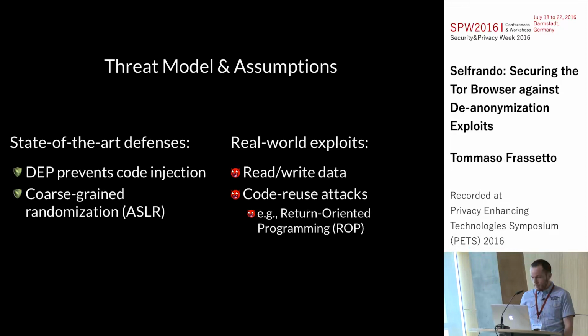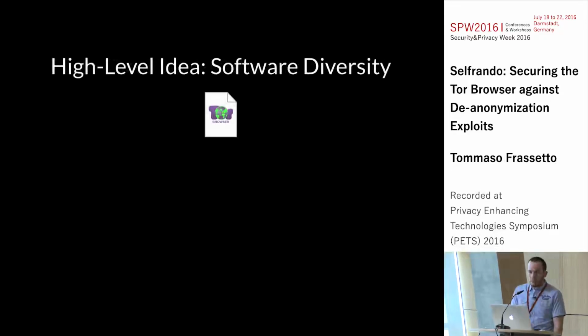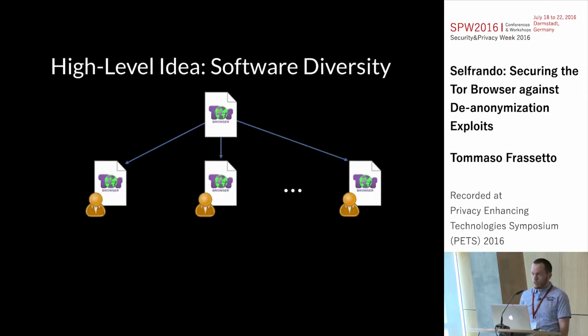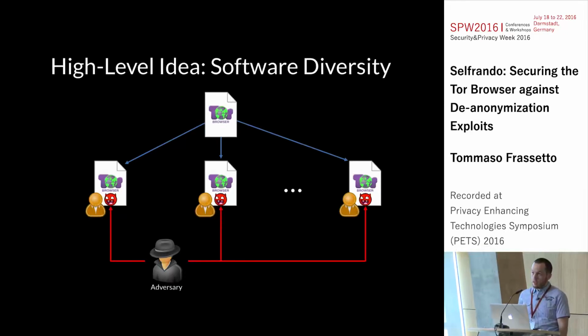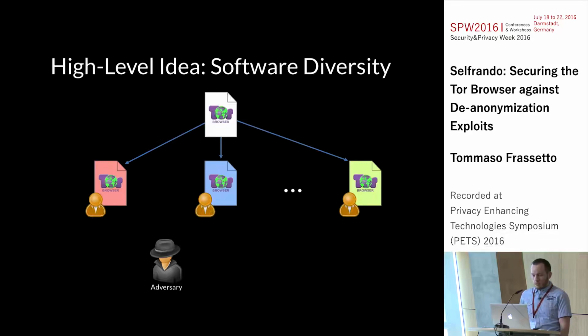Normally, the developer just distributes the binary of the application to all users, and every user runs exactly the same application. This means that if the attacker can attack one of them, the same exploit works for all of them. What we do is also to ship the same binary of the application to everyone, but then it randomizes itself every time the user runs it, which means that from the attacker's point of view, these look like different applications.